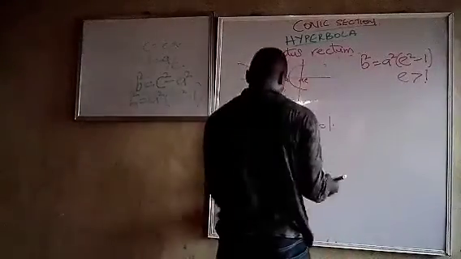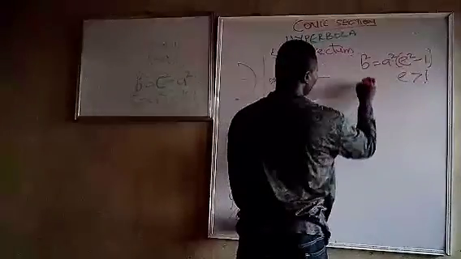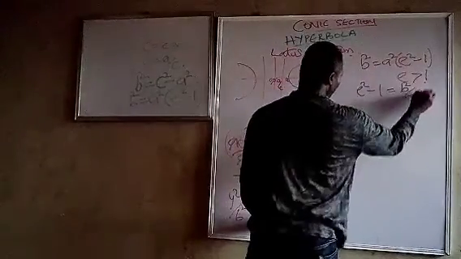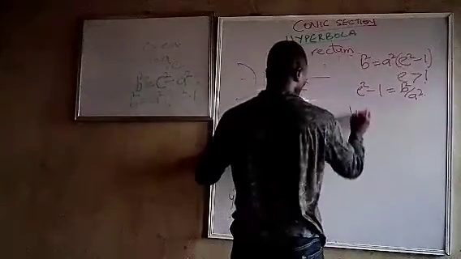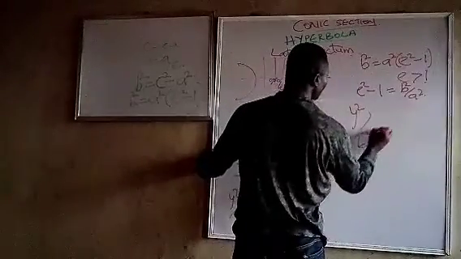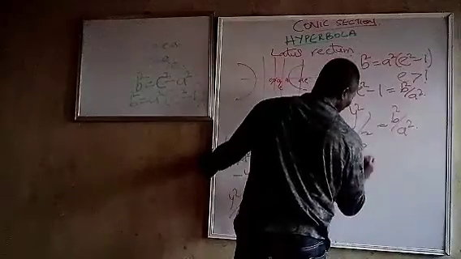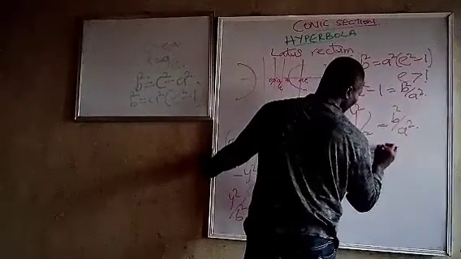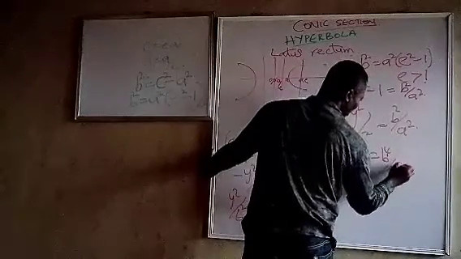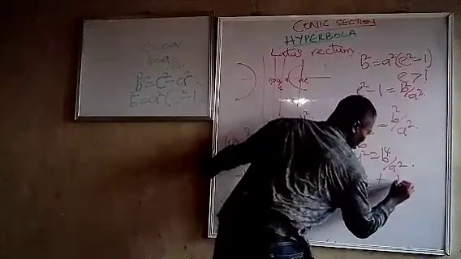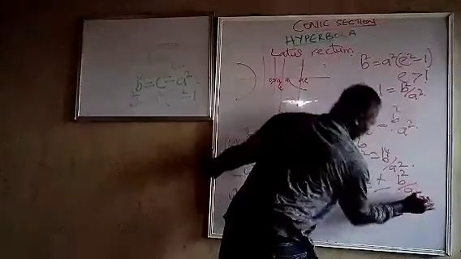So e squared minus 1 is equal to b squared over a squared. Therefore, y squared over b squared is equal to b squared over a squared. So y squared equals b raised to power 4 over a squared, and y is equal to plus or minus b squared over a.